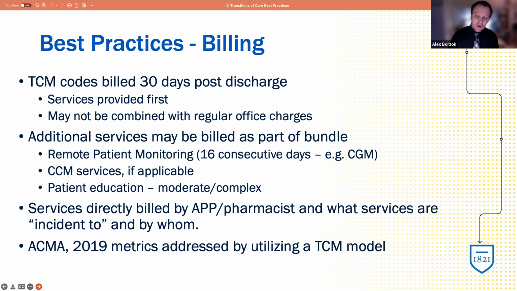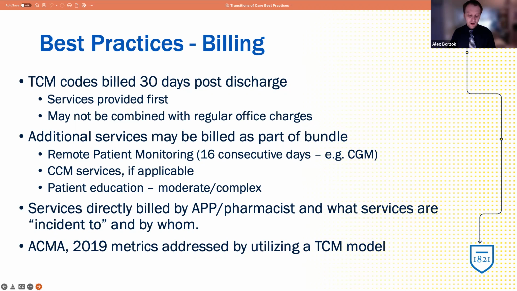The other big bonus about utilizing a TCM model is that the ACMA came out with its 5 standards, a list of metrics that can be addressed, and you are also working towards and reducing them when you have patients in transitions of care. You're utilizing a transition of care model or program for these particular patients, addressing things like glucose control and blood pressure control.